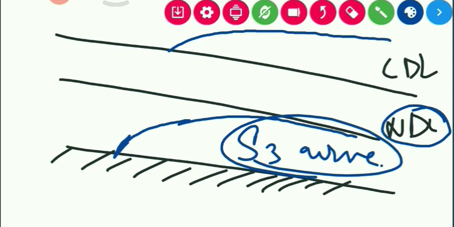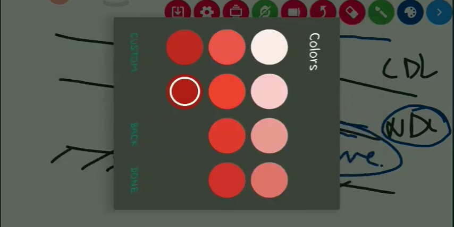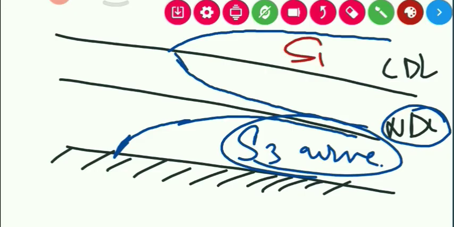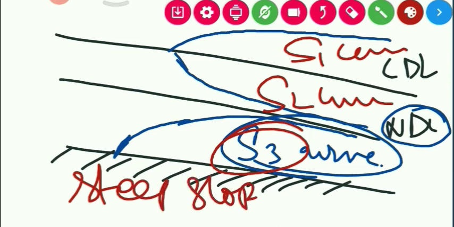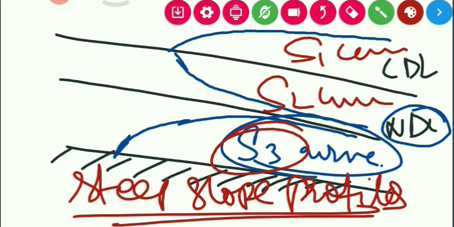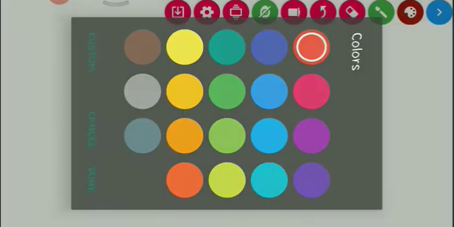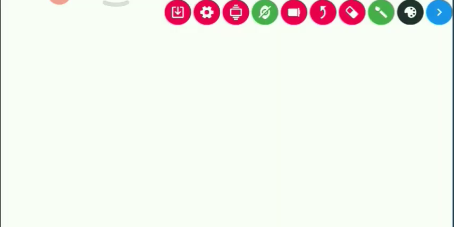S2 curve was like this, and S3 curve was like this. So this was all about steep slope profiles.